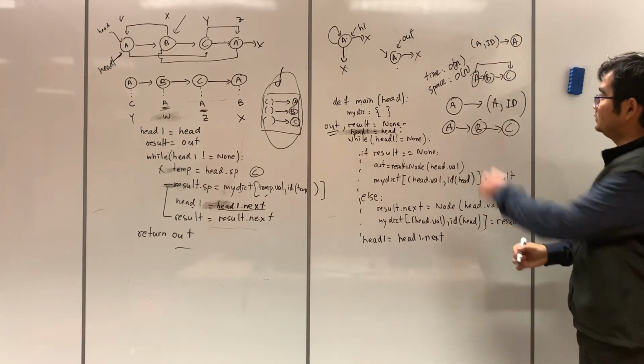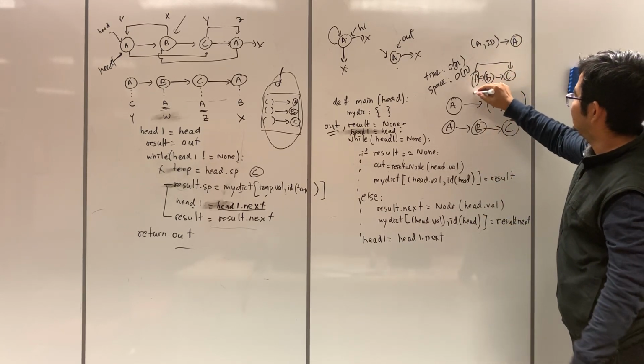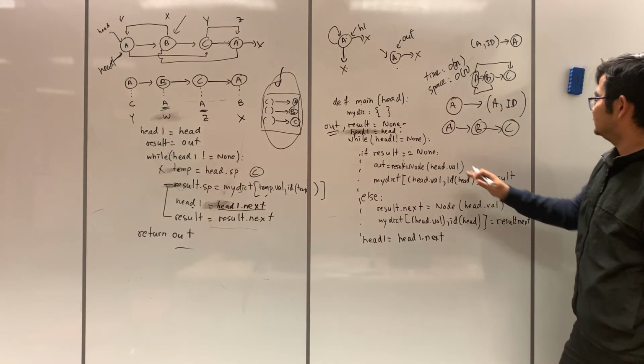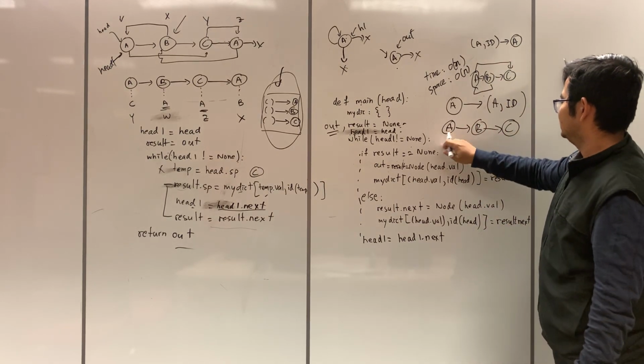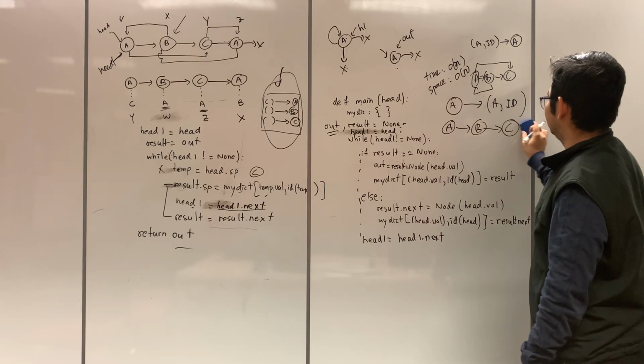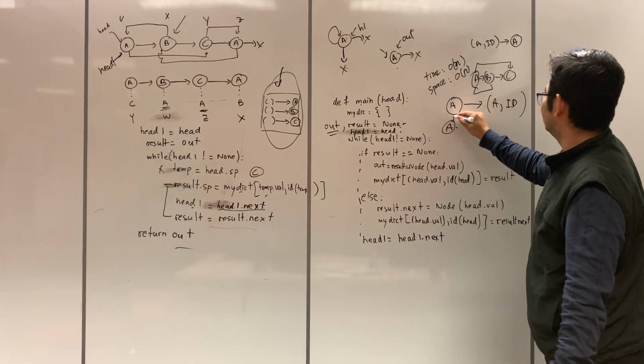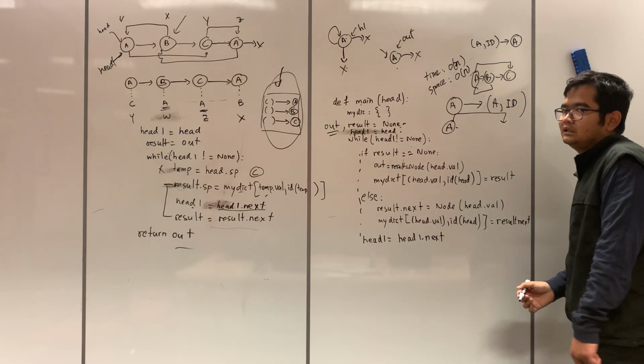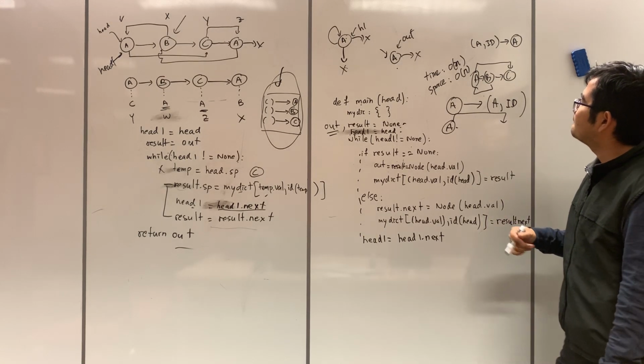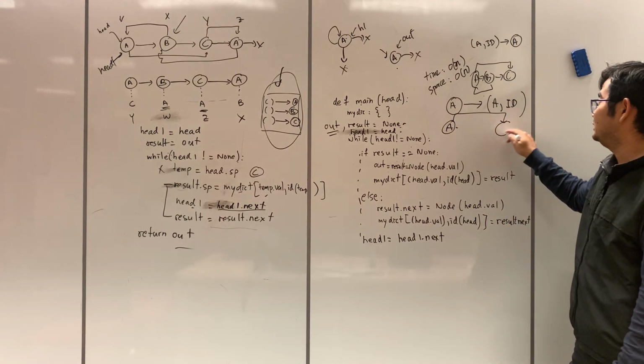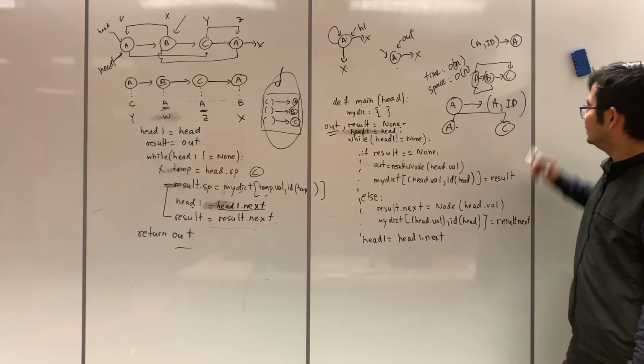A to C, and B to A. The problem is we cannot just create A and point it to C. You know, we can't do that. The reason is because C hasn't been created yet, so we can't.